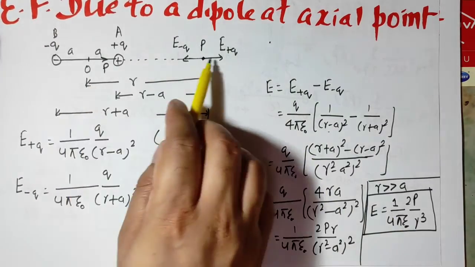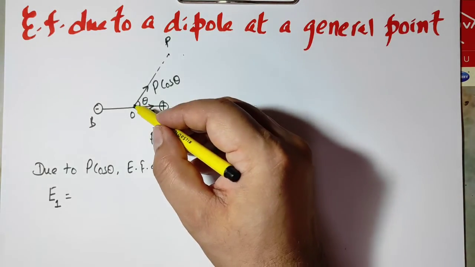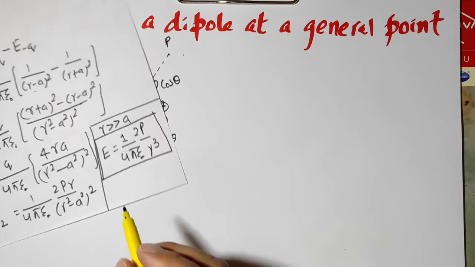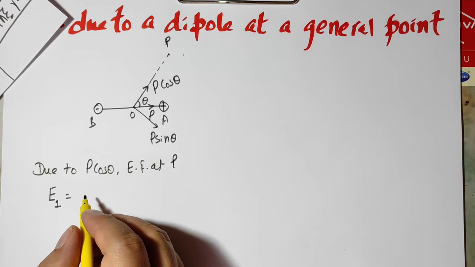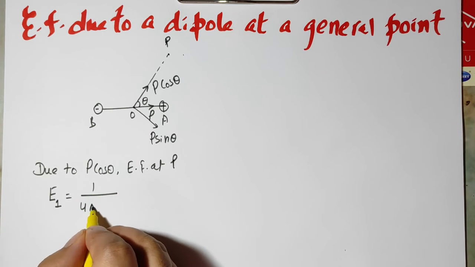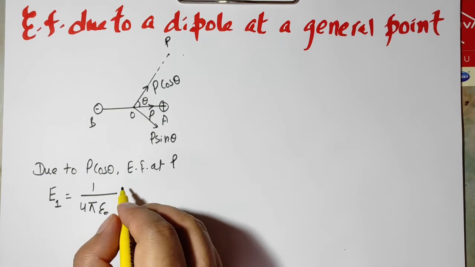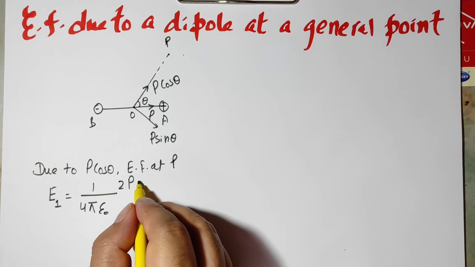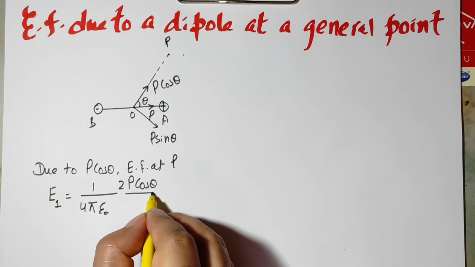We have the same situation, axial position, here. So what we are going to do? We are going to put this direct formula here, and it is 1 upon 4 pi epsilon naught, just instead of p we have p cos theta here, upon r cube.